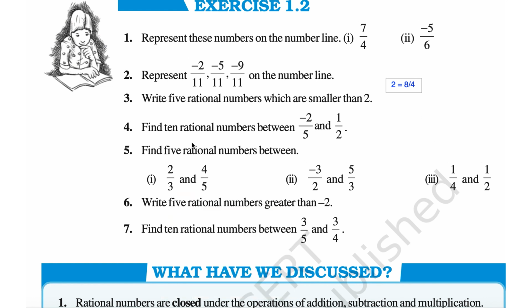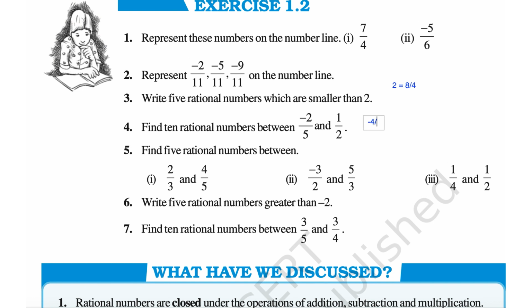Find 10 rational numbers between minus 2 by 5 and 1 by 2. Both must have the same denominator, then only it will be easier to find. Convert minus 2 by 5 and 1 by 2 into the same denominator.